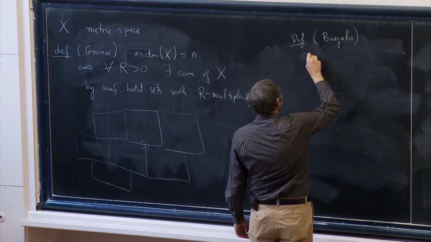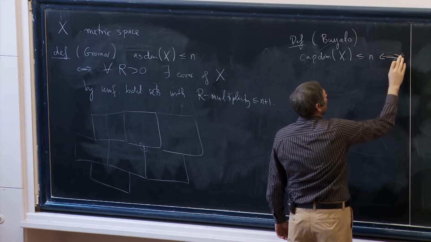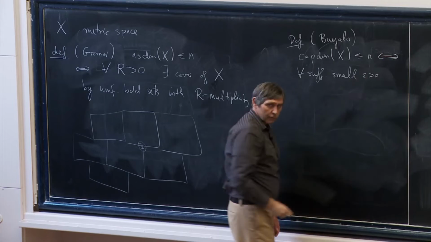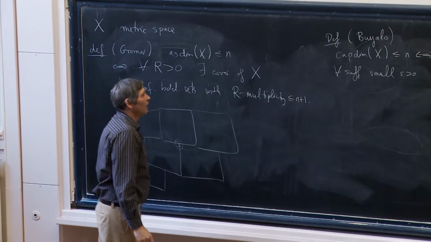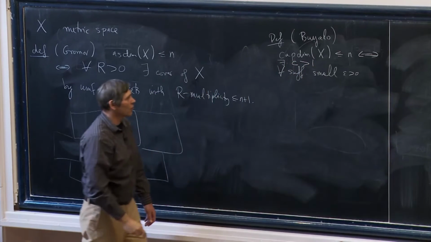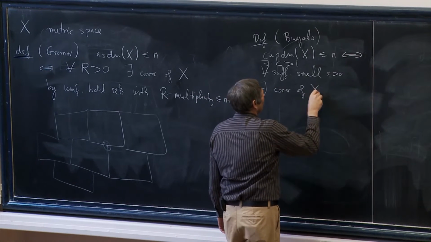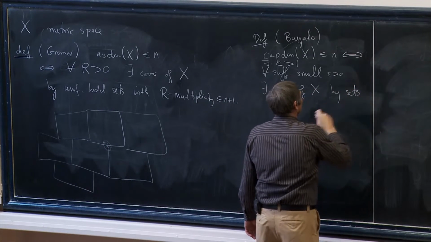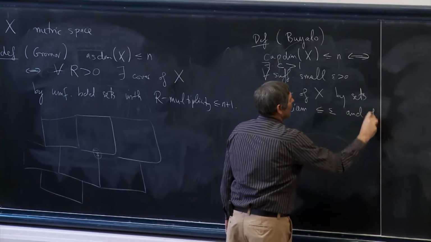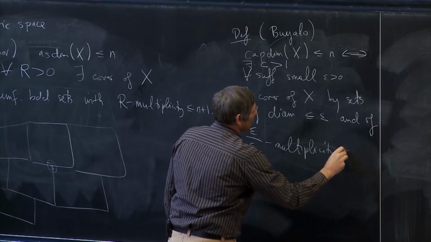We will say that the capacity dimension of X is less than or equal to n if and only if there exists a constant c greater than 1 so that for all sufficiently small epsilon, there exists a cover of X by sets of diameter less than or equal to epsilon and of epsilon over c multiplicity less than or equal to n plus 1.